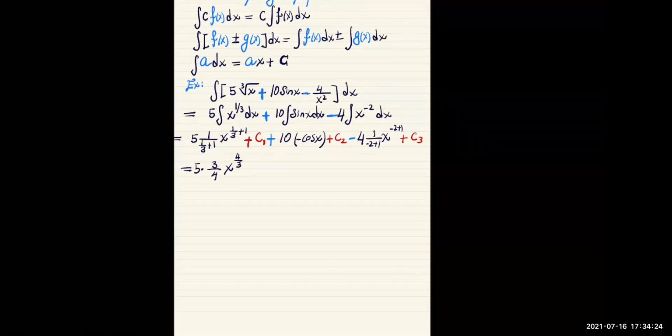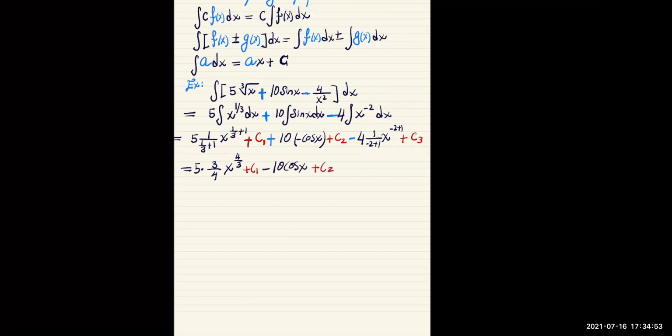Okay, plus C1. And then I have plus, actually, let's say, yeah, that's fine. Let's combine these. I have a negative 10. Okay, I can just make that plus into a minus. So minus 10 cosine of x plus C2.